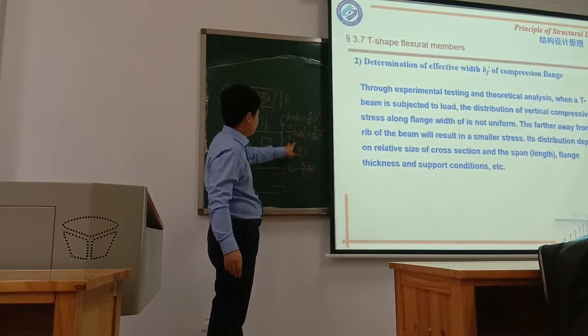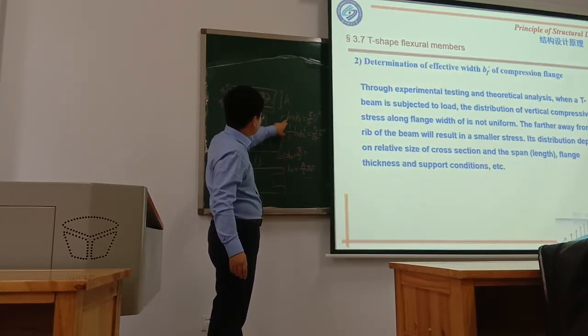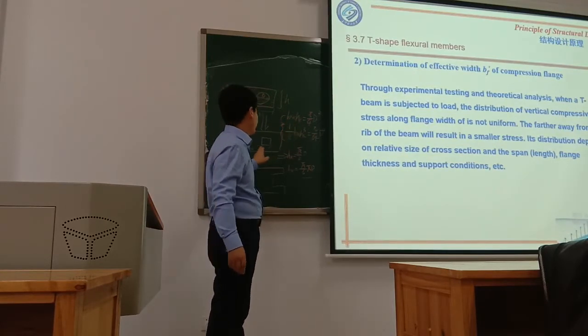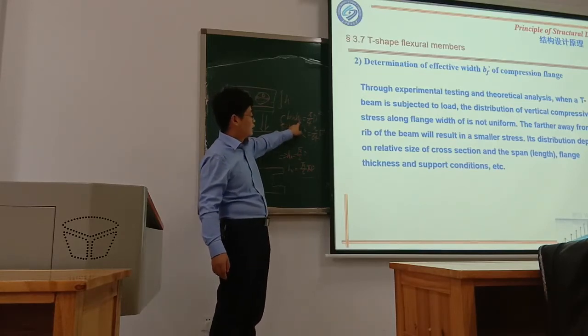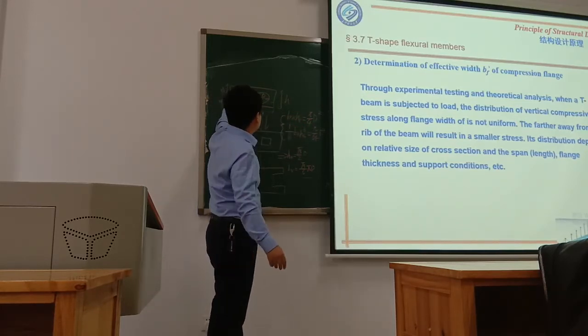This area b_k h_k equals the area of this circle.